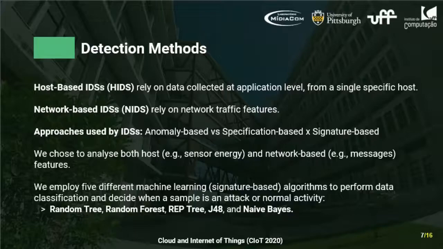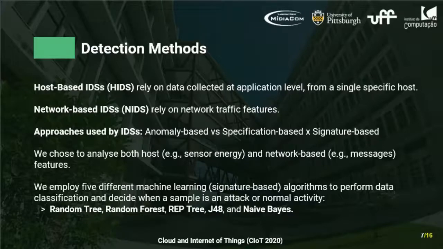There are different approaches such as anomaly-based, specification-based, and signature-based, whereas the anomaly-based IDS focuses on deviation from typical behavior. The specification-based IDS takes into account formal specifications like standards to establish what is expected traffic, and every traffic different from this is considered attack behavior.